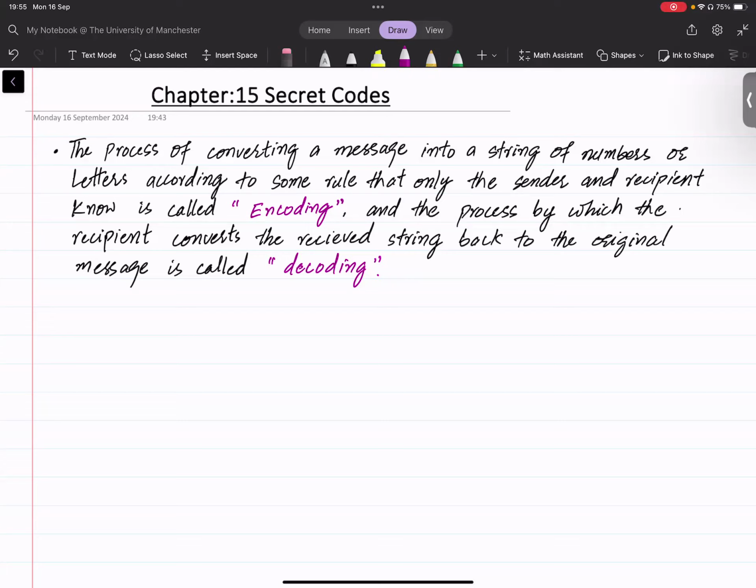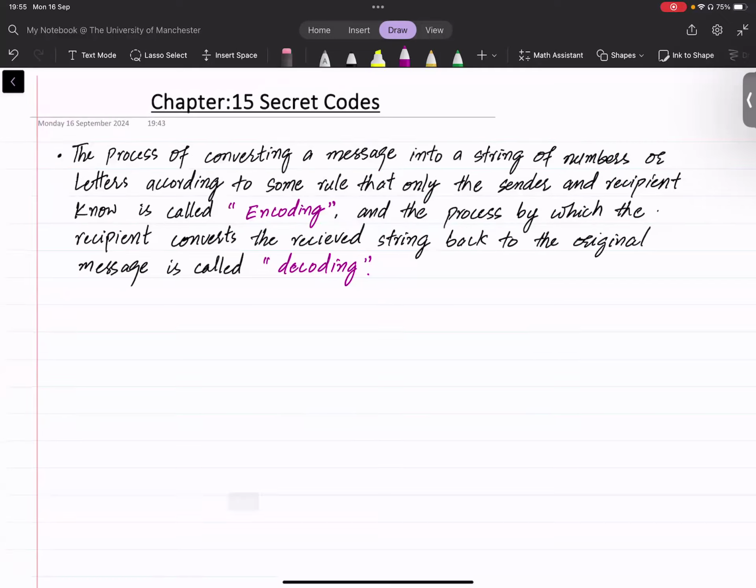This is usually achieved by converting the messages into a string of numbers or letters according to some rule that only the sender and recipient know. The process of converting the message into such a string is called encoding, and the process by which the recipient converts the received string back to the original message is called decoding.